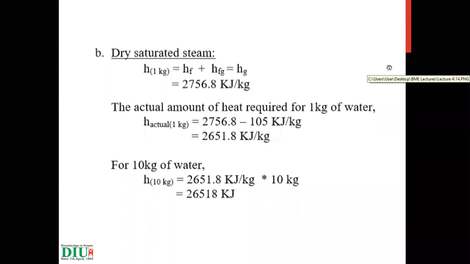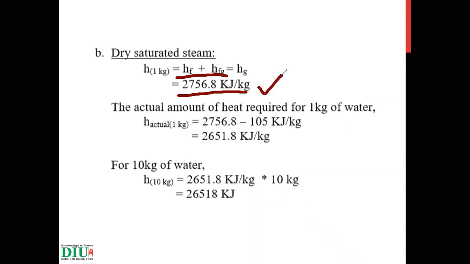So let's go to the second, the dry saturated steam. We know that for dry saturated steam the equation is hf plus hfg. If you sum those two values, which we already found from the steam table, you will get the total value. This is for 1 kg, but it is from 0 degrees Celsius.